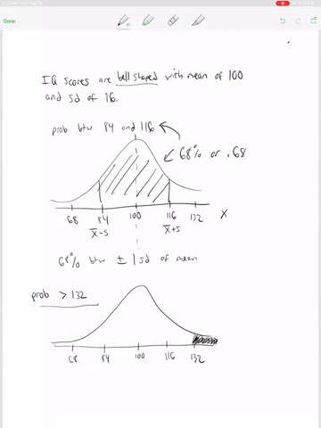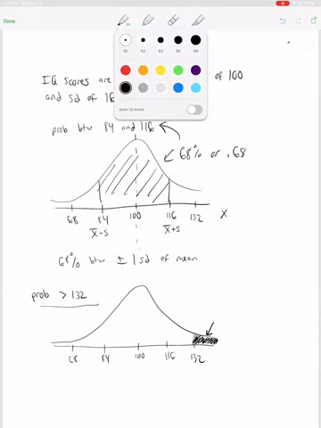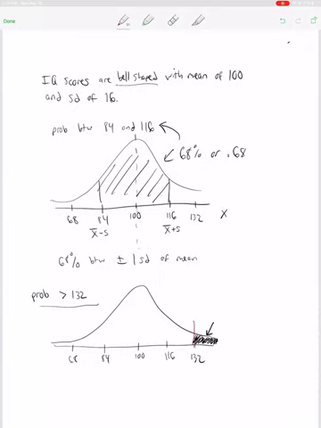That represents this area right there. The empirical rule doesn't tell us that exactly, but it does tell us what lies in between this point and this point.